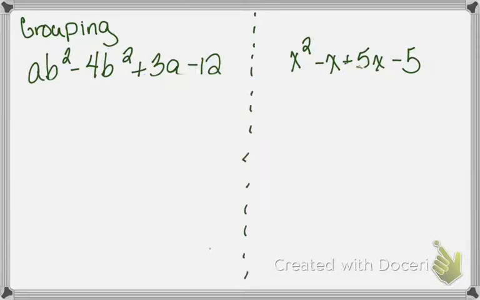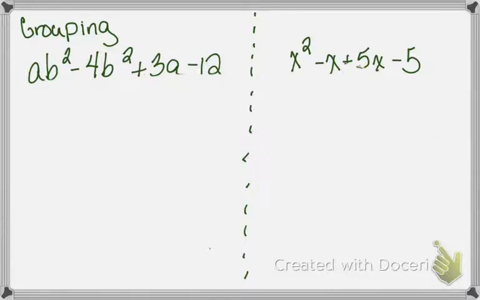What we're going to do now is we are going to factor by grouping. Factoring by grouping is probably what you're going to use the most because when we factor trinomials, we're going to turn them into 4 terms. So knowing how to factor by grouping is super, super helpful.